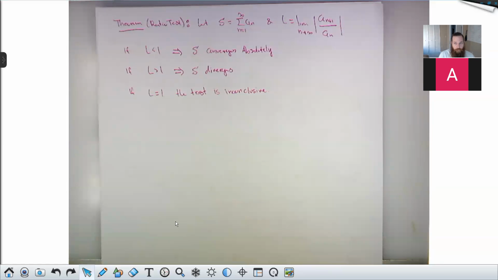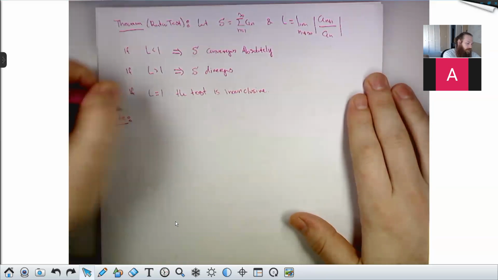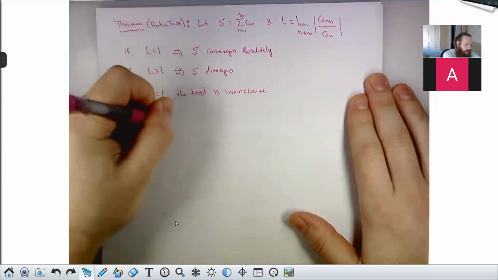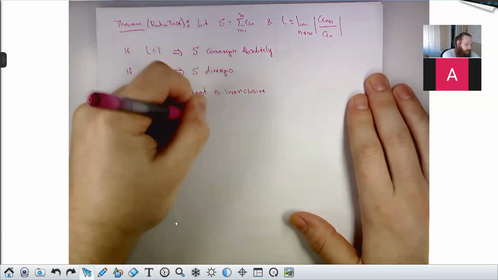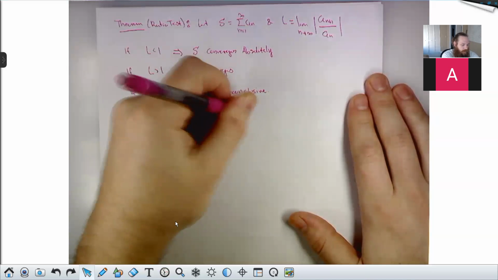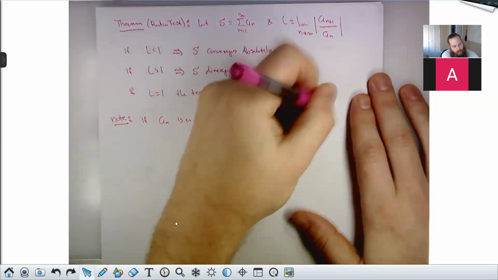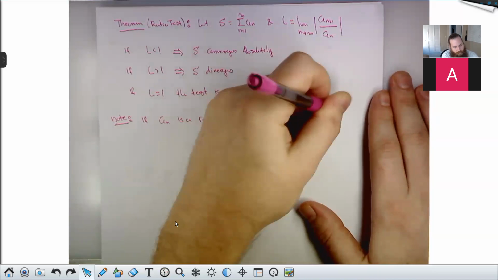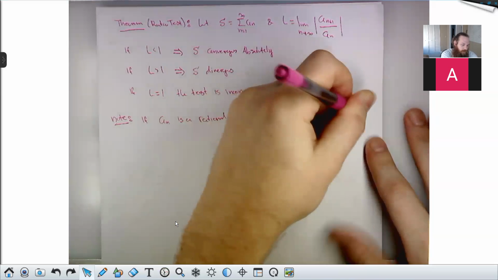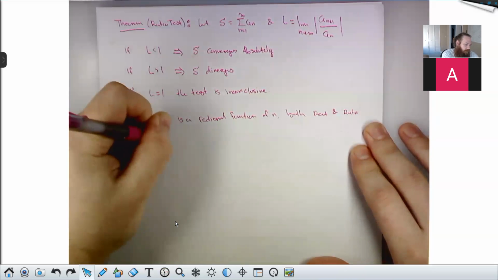Unfortunately, there's a lot of really important series on which both of these tests are totally useless. If a_n is a rational function of n, both the root test and ratio test are inconclusive.